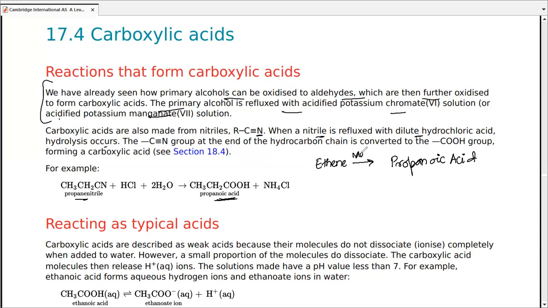Use a multi-step reaction and convert ethene into propanoic acid. How would you do it? Take a minute or two, think, let me know your answers.